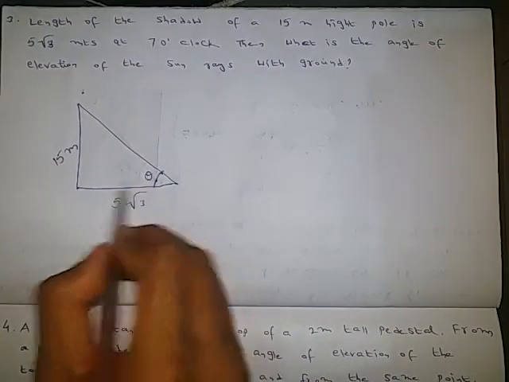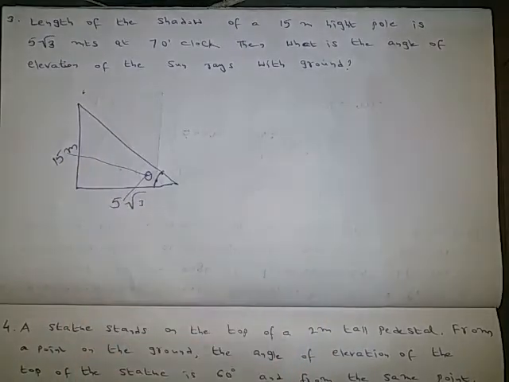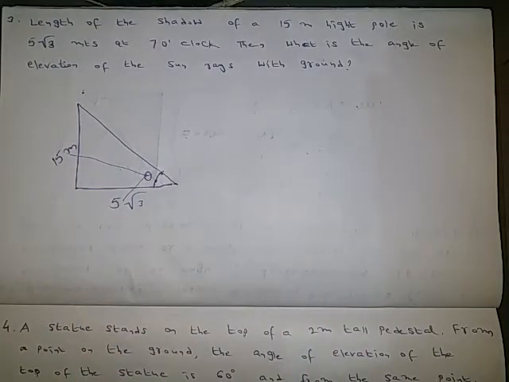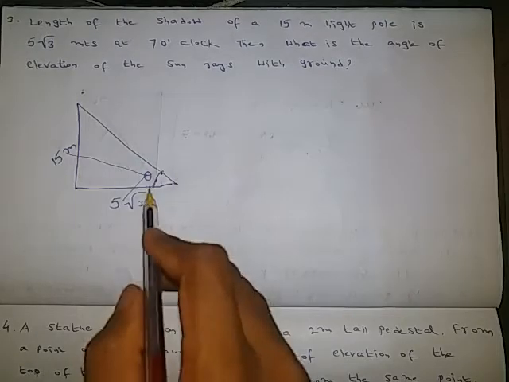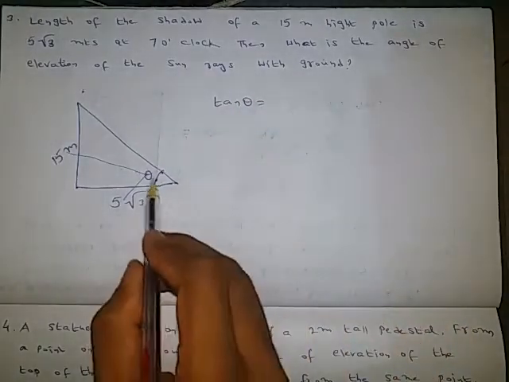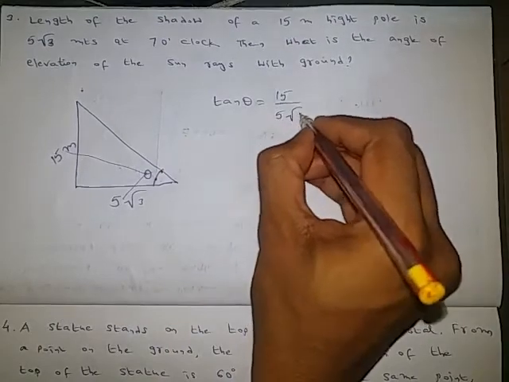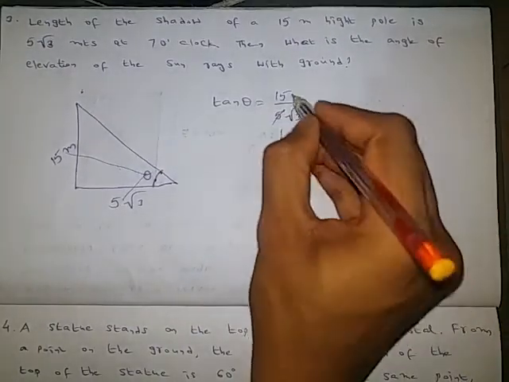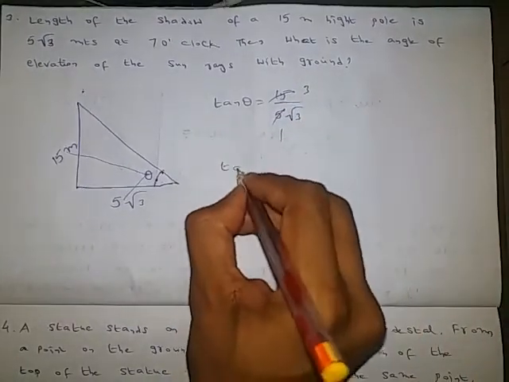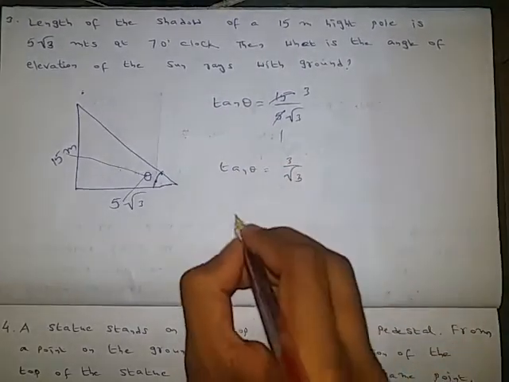Now angle is there, opposite is there, adjacent is there. So which trigonometric ratio? Again obviously tan. So for this theta I am applying tan. Tan theta is equal to opposite 15 divided by adjacent 5 root 3. Here 5 ones are 5, 5 threes are 15. So tan theta is equal to 3 by root 3.